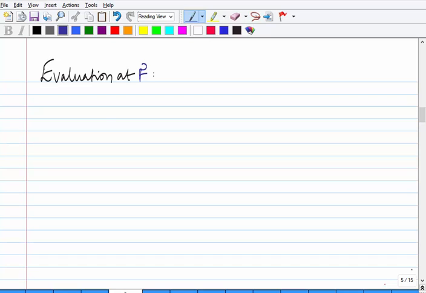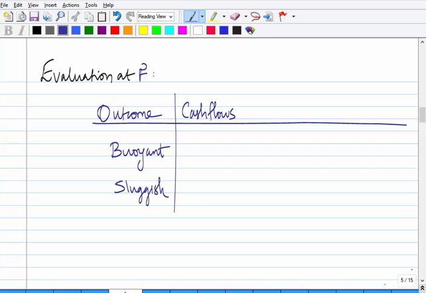So let's capture the outcomes. You can have a buoyant or a sluggish market condition. So let me capture all that and then I'll explain. Then we should understand what are the cash flows we are going to get. If the market is doing well, we'll be able to sell all the 15 flats at what rate? 91 lakhs, right?